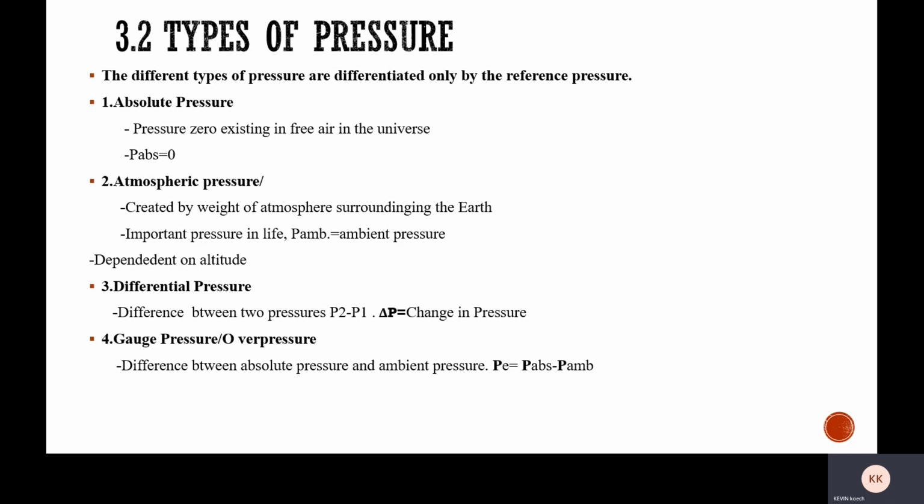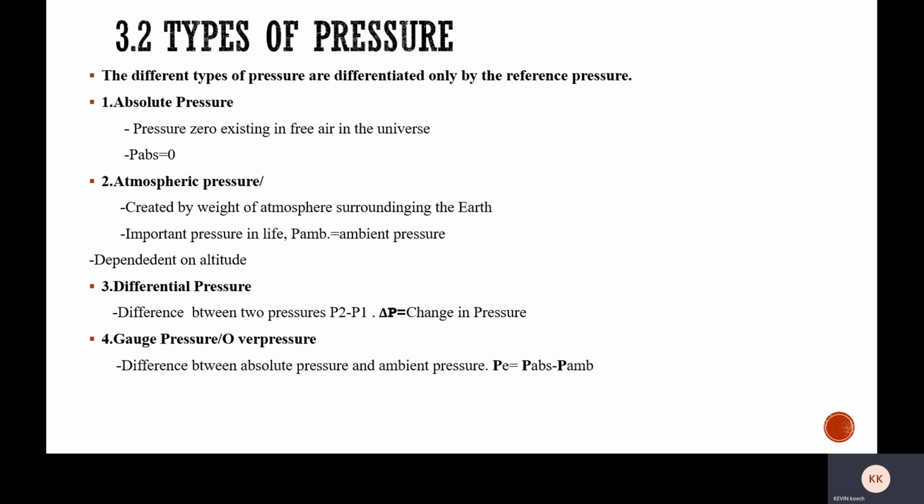It's given in terms of delta P, a triangle and then P, symbolizing change in pressure. If you have pressure 1 which is 40 and pressure 2 which is 60, you take the difference: 60 minus 40. That is differential pressure.